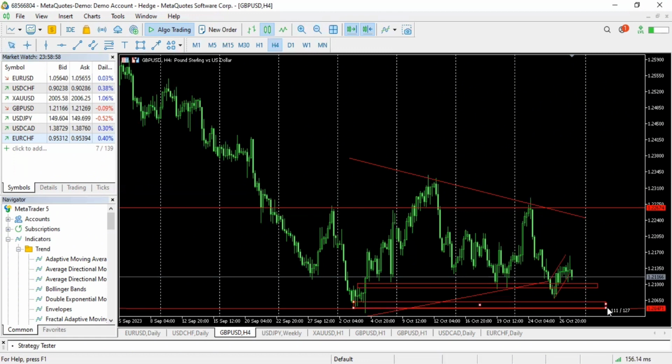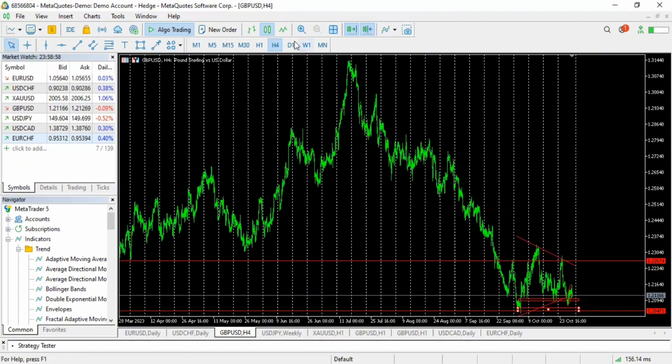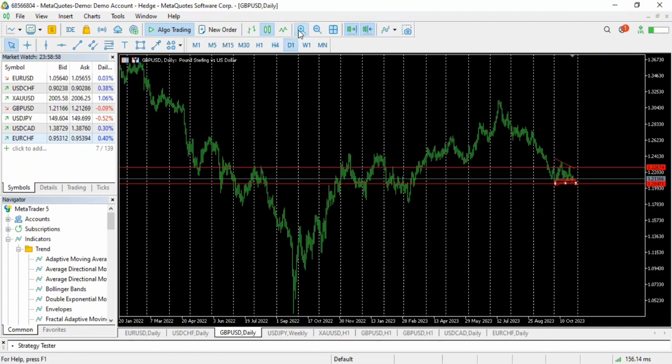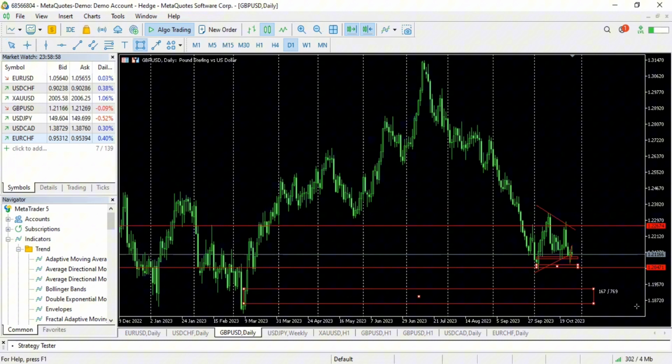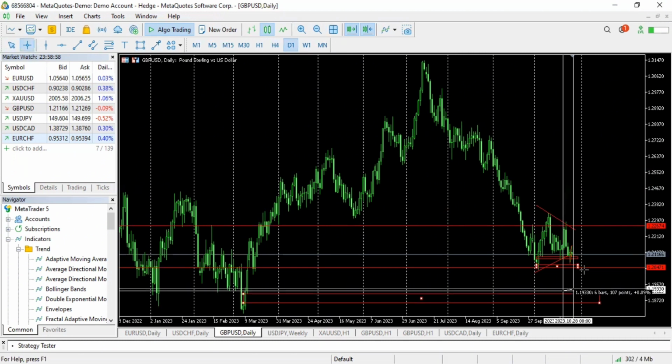So maybe the market opens tomorrow and we see strong momentum, probably to the downside. Then just look for a good entry, because if it breaks 1.2047, then this is the next expectation, and that's how many pips?